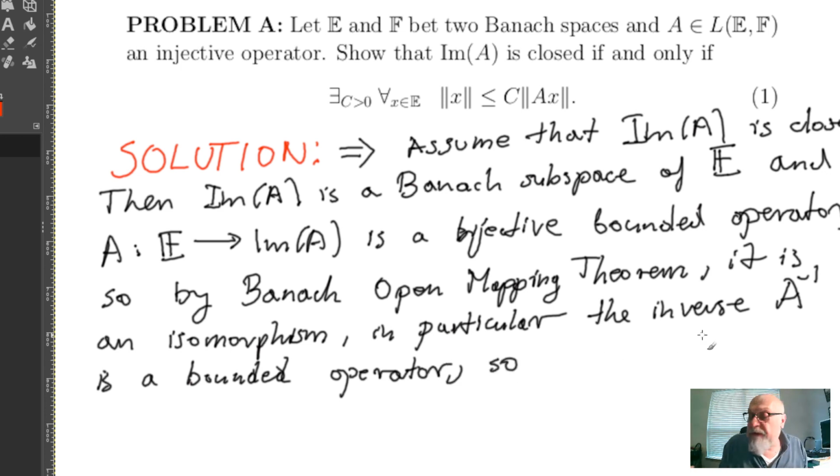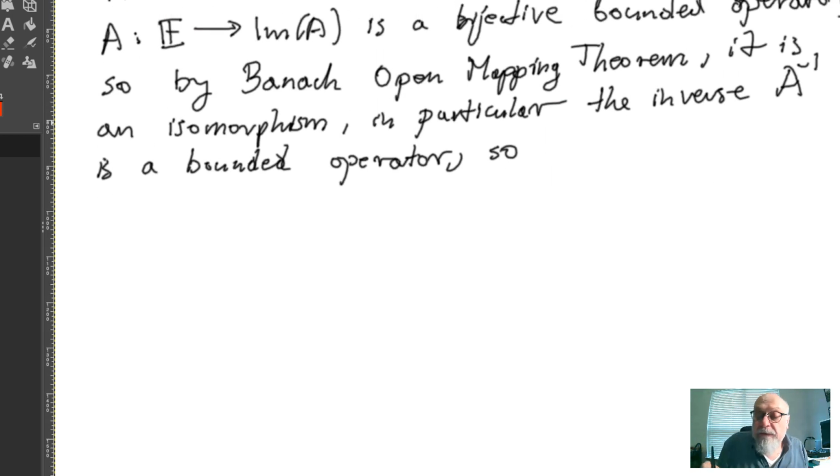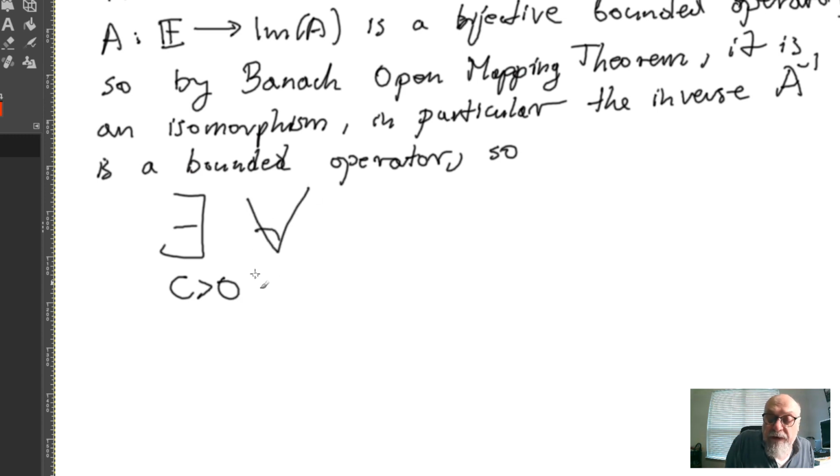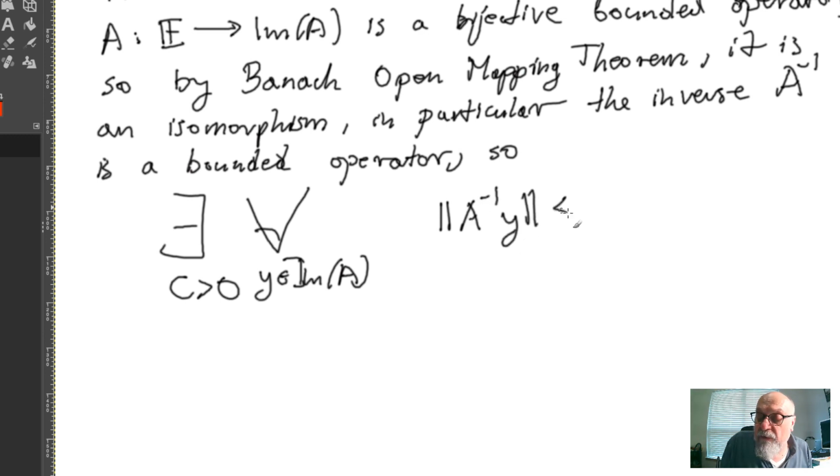So we get that there exists a constant C larger than 0, such that for every y belonging to the image of A, the norm of A^{-1}y is smaller or equal than C times the norm of y.